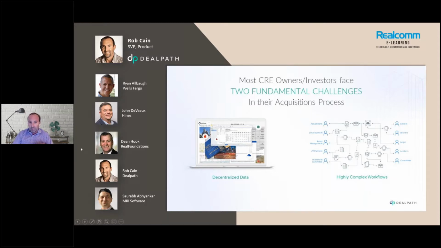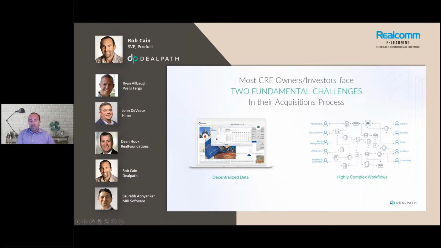So it was this fragmented and very expensive process. And in the software world, in commercial real estate, there were lots of solutions out there that helped companies manage those assets once they were part of their portfolio, but almost nothing that dealt with the beginning and the end of the real estate life cycle. So that became the impetus for Dealpath.